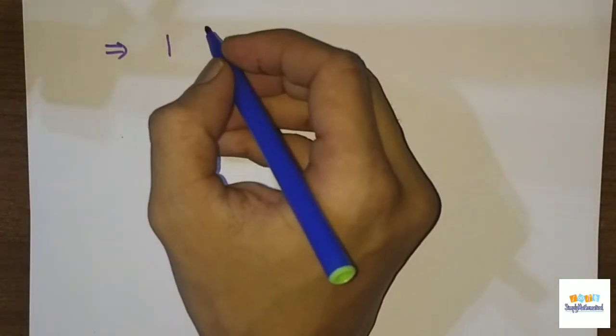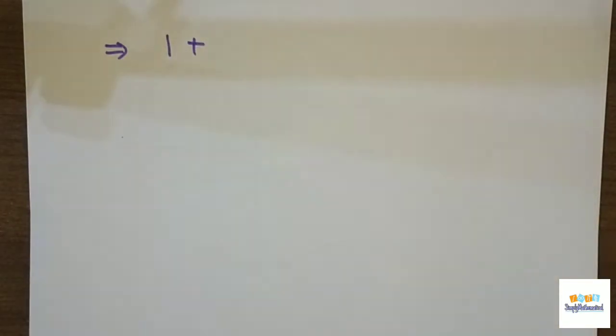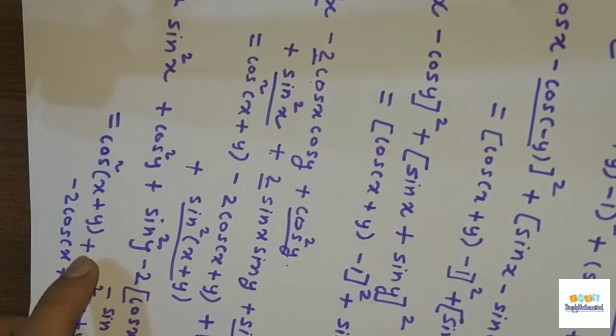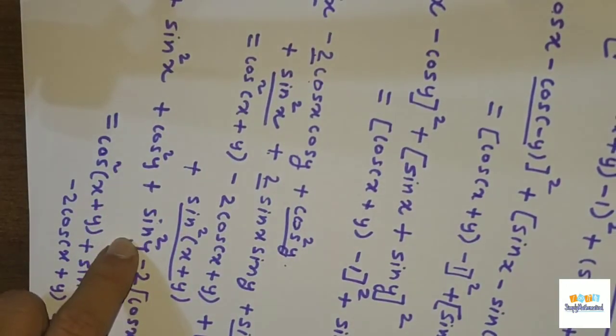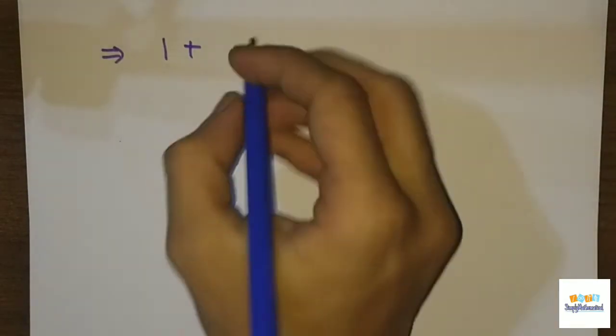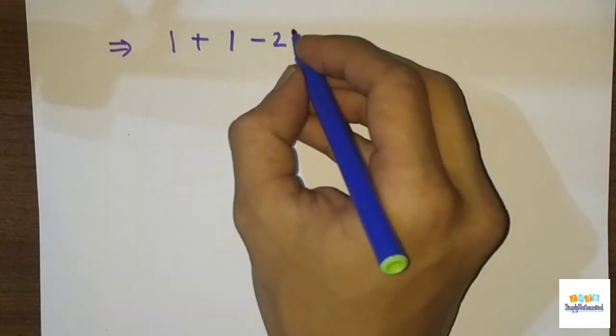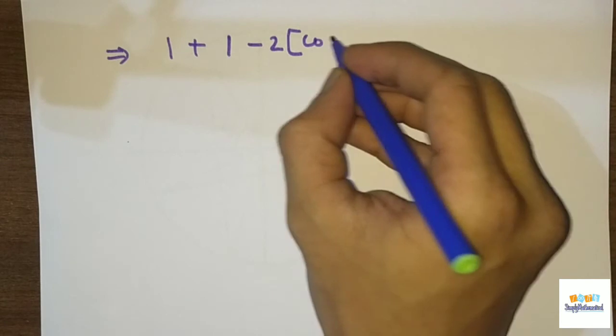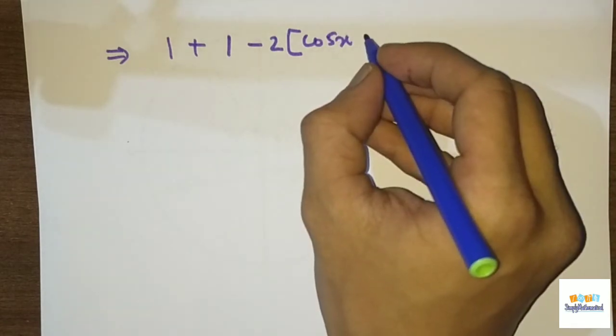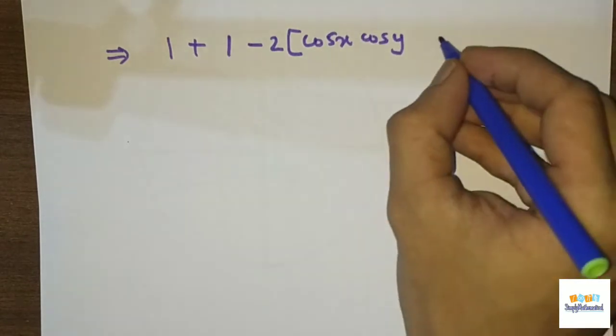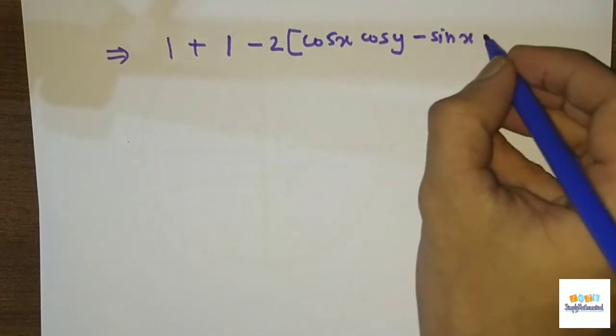Then again you have cos square y plus sin square y, so this will again be 1. Then you have minus 2 times cos x cos y minus sin x sin y.